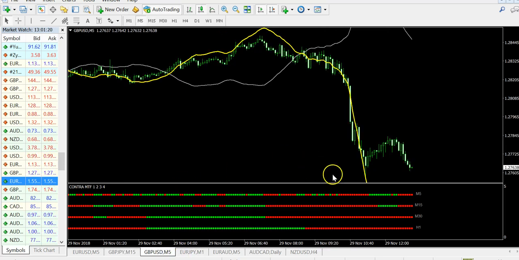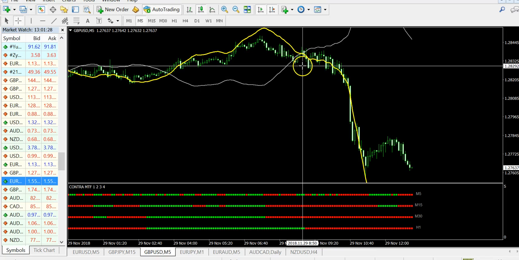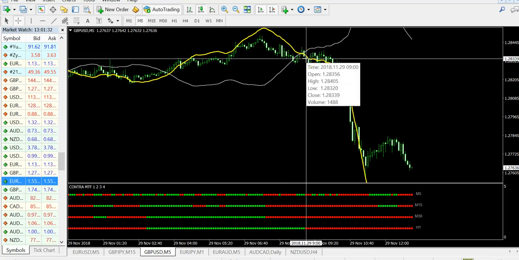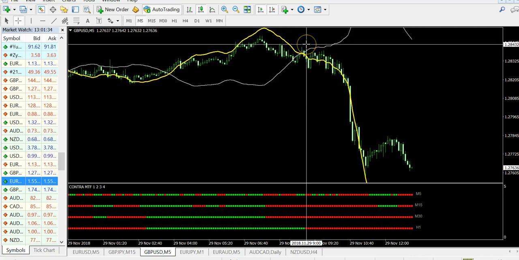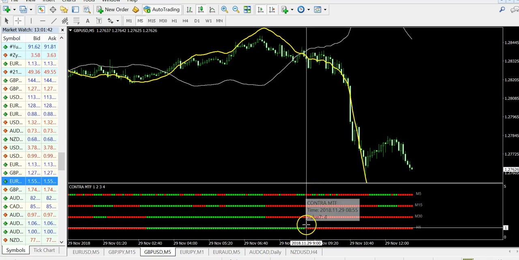Let's see on M5. On M5, let's see where we can take it. You see, here we can take it. We have a crossing of yellow under silver, down, and we have all red down there. You see, all red.